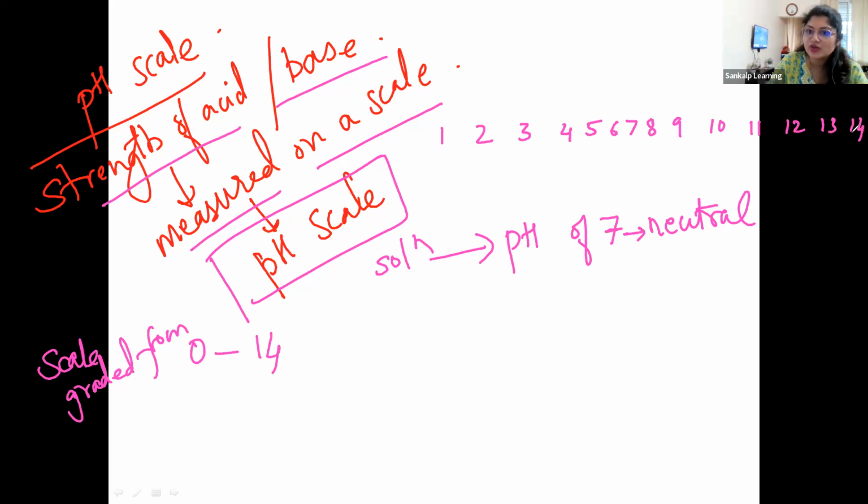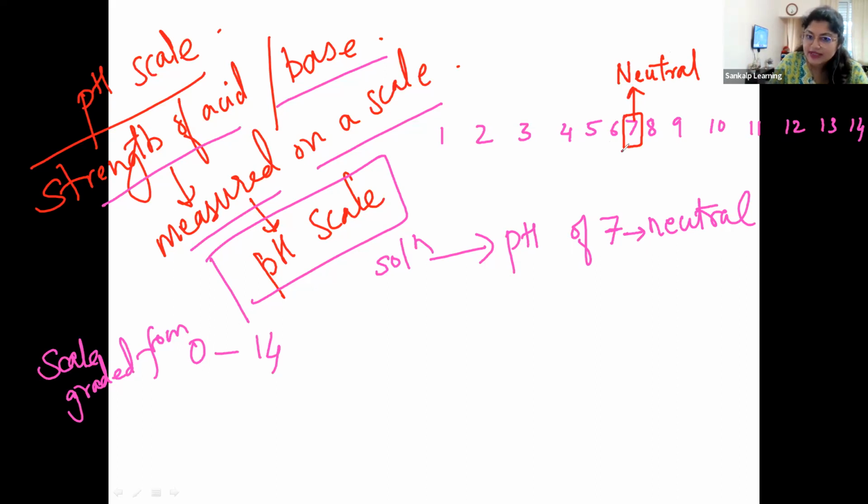A solution whose pH is 7 is called what? Neutral. Then solutions with a pH of less than 7.